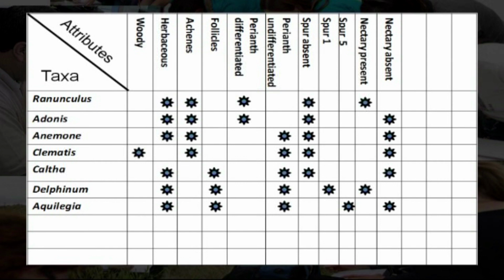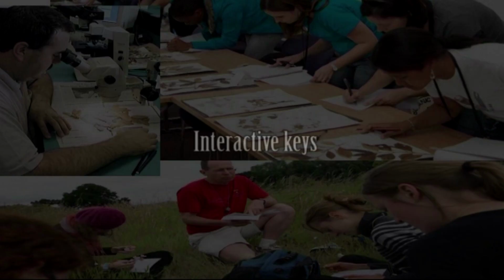The attributes represented in each taxon are pictured with the help of appropriate symbols. The attributes not represented in the taxon show a blank space in the column. Thus, the table will have as many rows as taxa and as many columns as the number of attributes for which information is available.